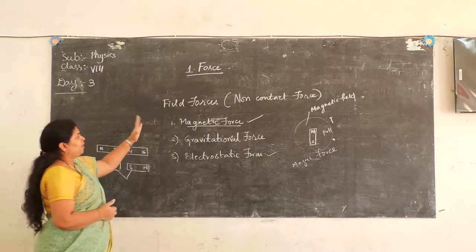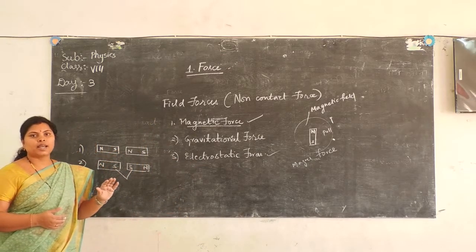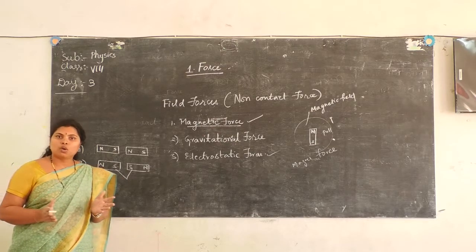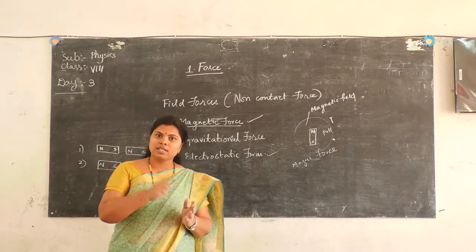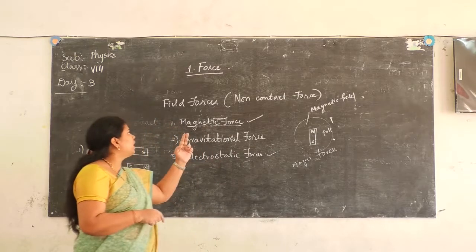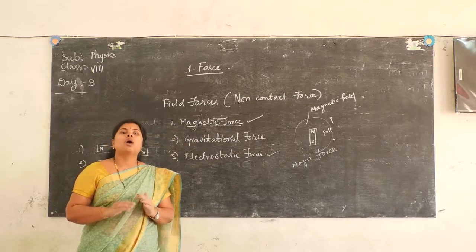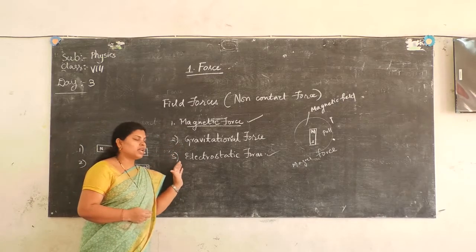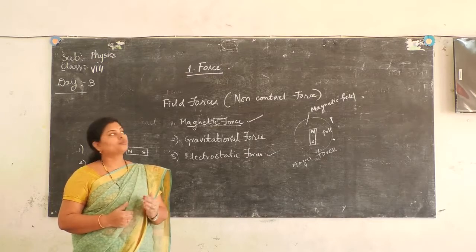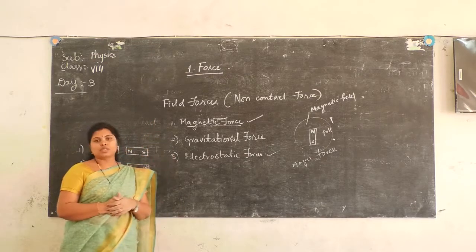So field forces, as already said, if there is no physical contact between the two interacting objects and still a force is caused, then I call that force a field force or non-contact force. Magnetic force, gravitational force and electrostatic force are those forces which fall under field forces.